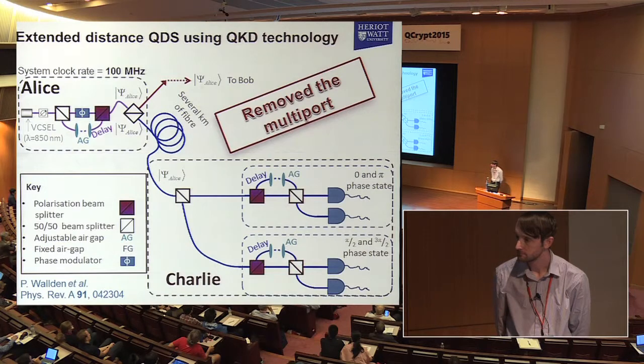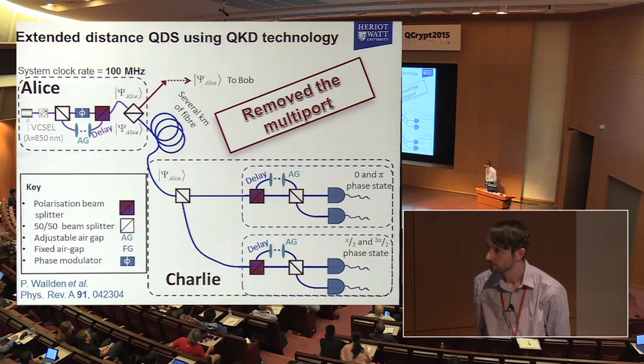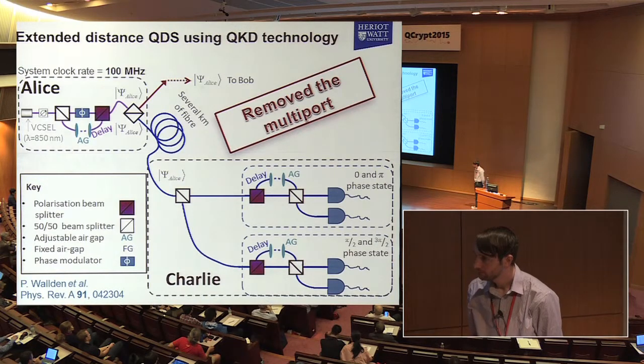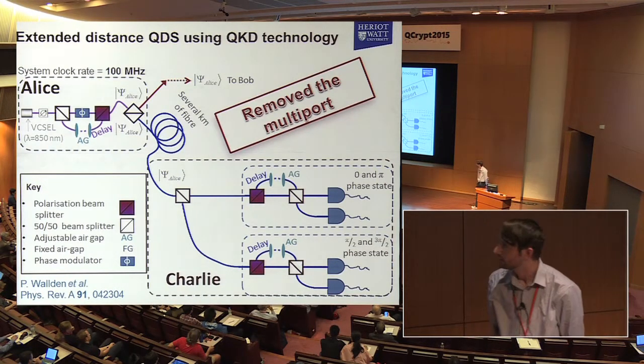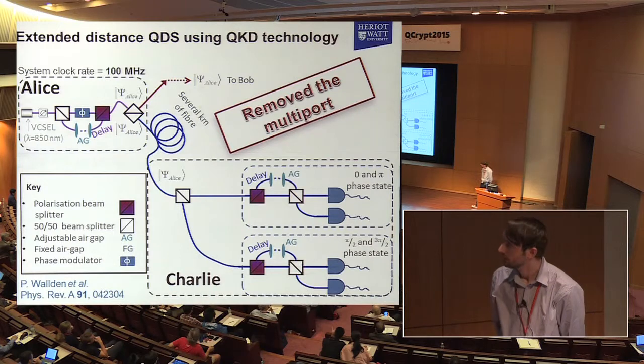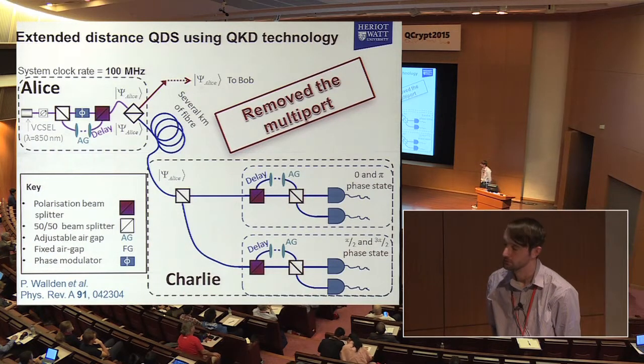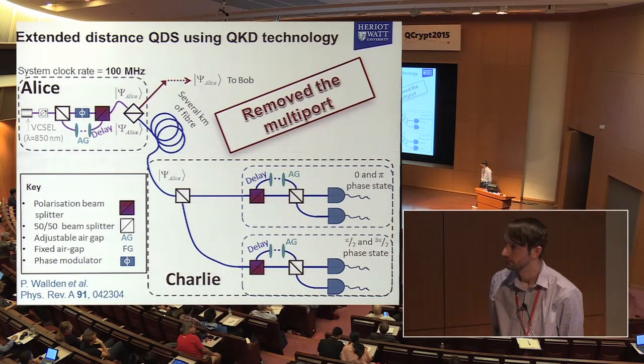The distance between Bob and Charlie can be arbitrary because they only communicate classically. We only tested it up to the distances we did because of the fibers we had, but certainly they can, as long as you can do the transmission over that distance, then yes. Thanks.